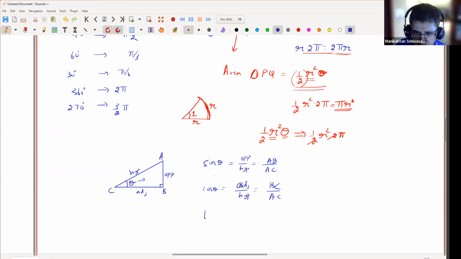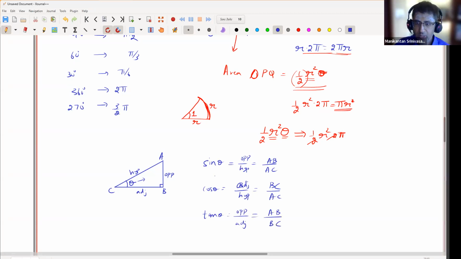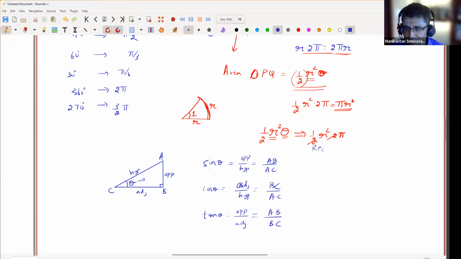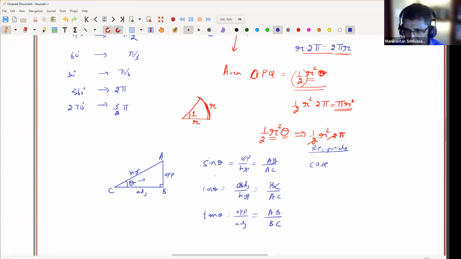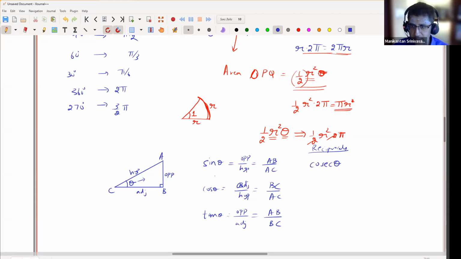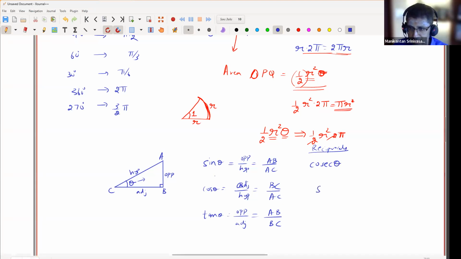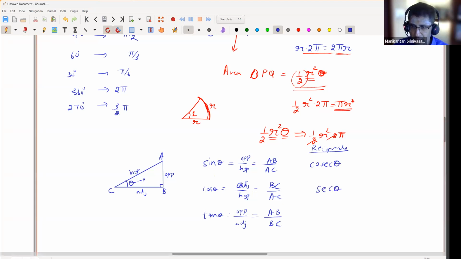And tan is just the ratio of the two, opposite over adjacent, which is AB over BC. And the reciprocals of each of them: the reciprocal of sine is cosec theta, which is 1 over sine theta, 1 over cos theta is sec theta, and 1 over tan theta is cot theta.